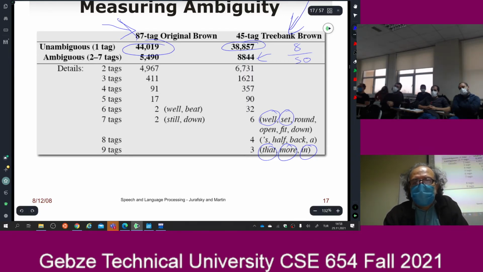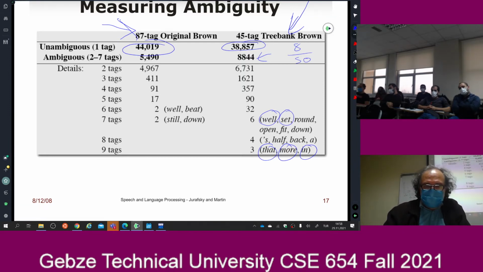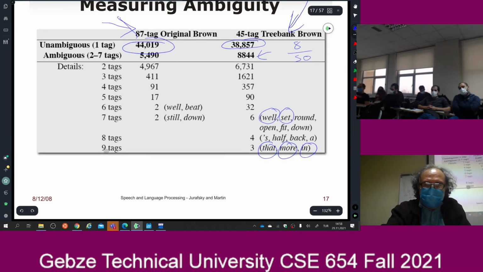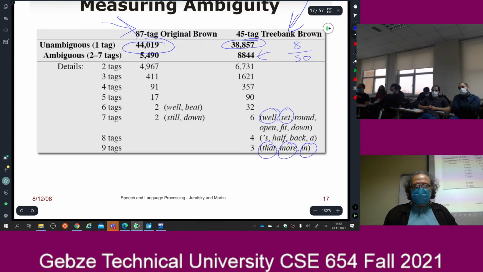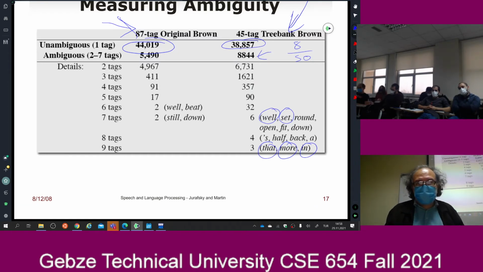The word well has 7 possible tags. And for this 45 tag set, the word that has 9 tags. So out of 45, I can use 9 of them to describe that, depending on the position.